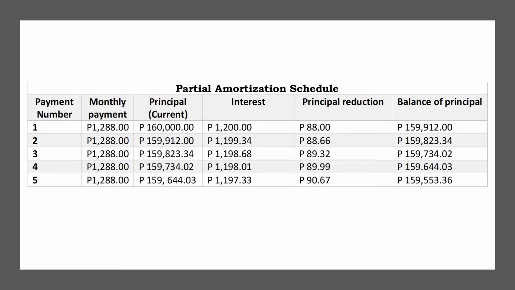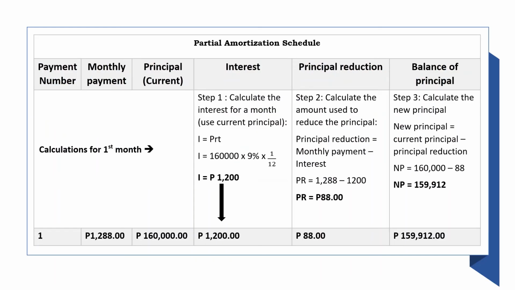I am going to show you how to compute each amount in the table. In this partial amortization schedule, we are going to use the method 1 result, amounting to 1,288 pesos monthly payment.